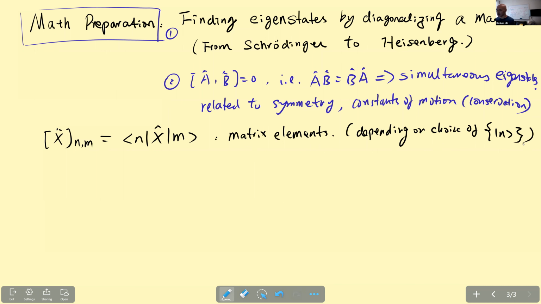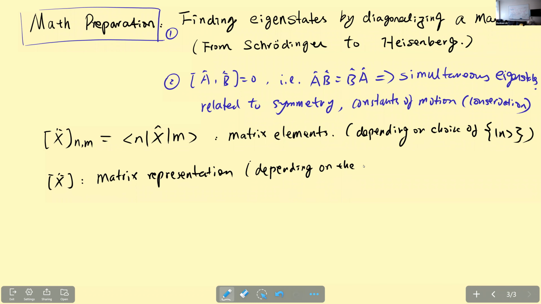So we say that this one is the matrix representation. And that depends on the choice of basis.